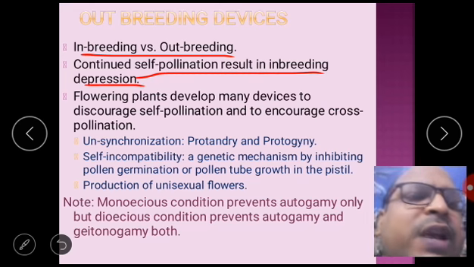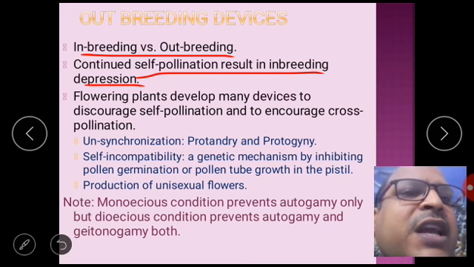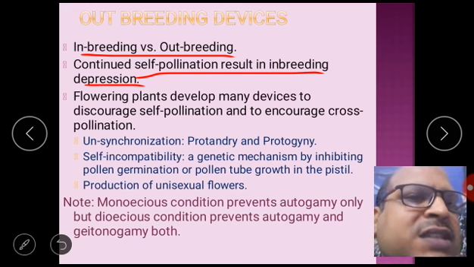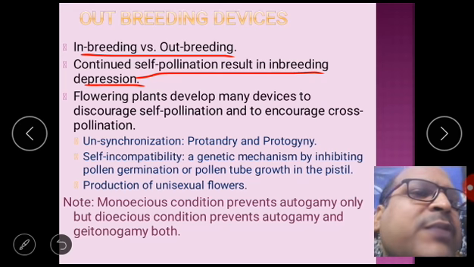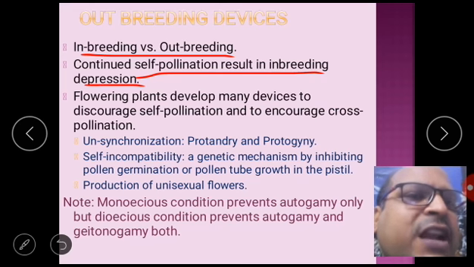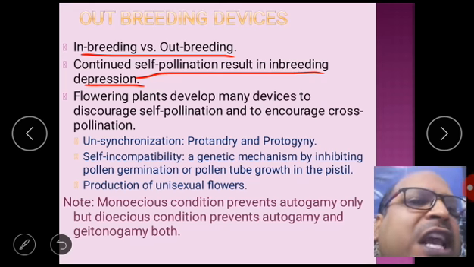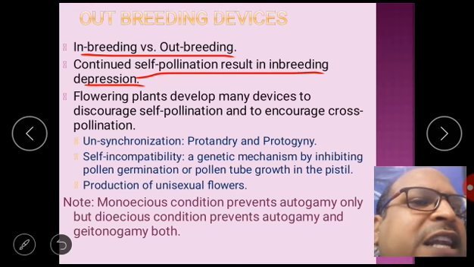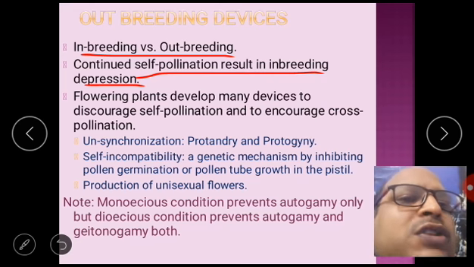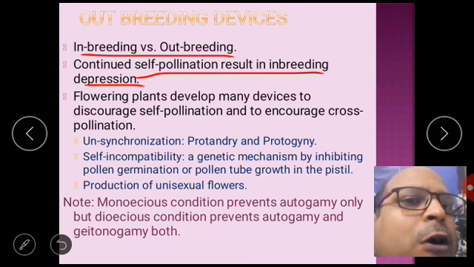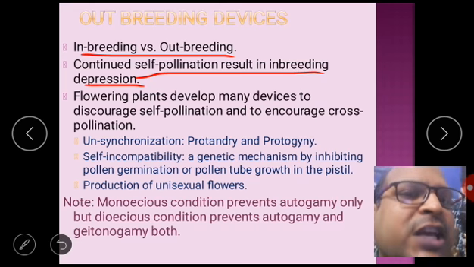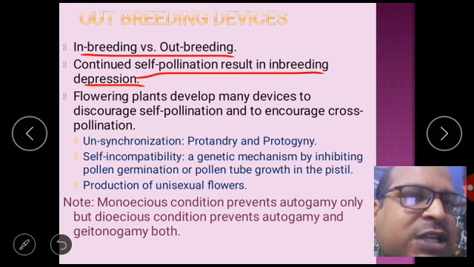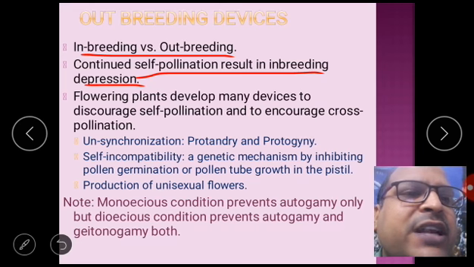If self-pollination repeats continuously for many progenies, then what will happen? If it is repeated again and again, inbreeding depression occurs. What is inbreeding depression? Dear students, inbreeding depression is loss of vigor or loss of yield in the plant's productivity.